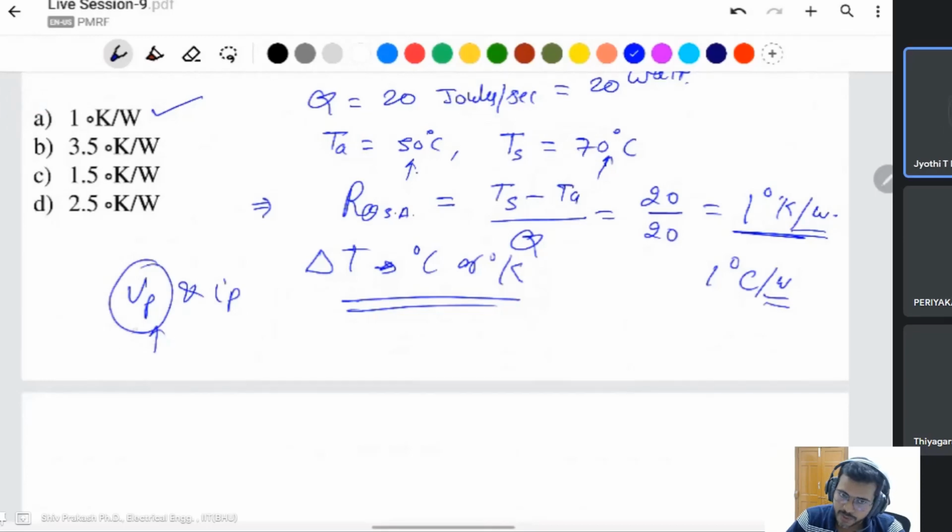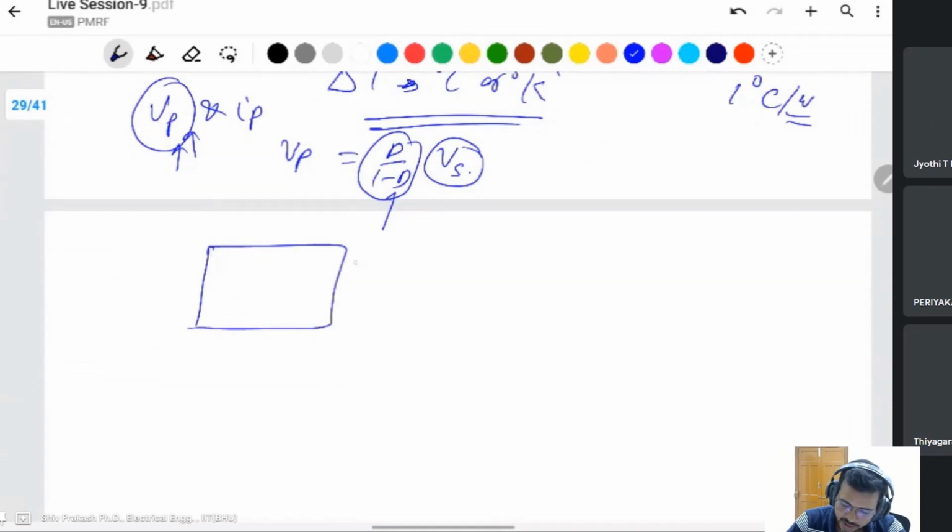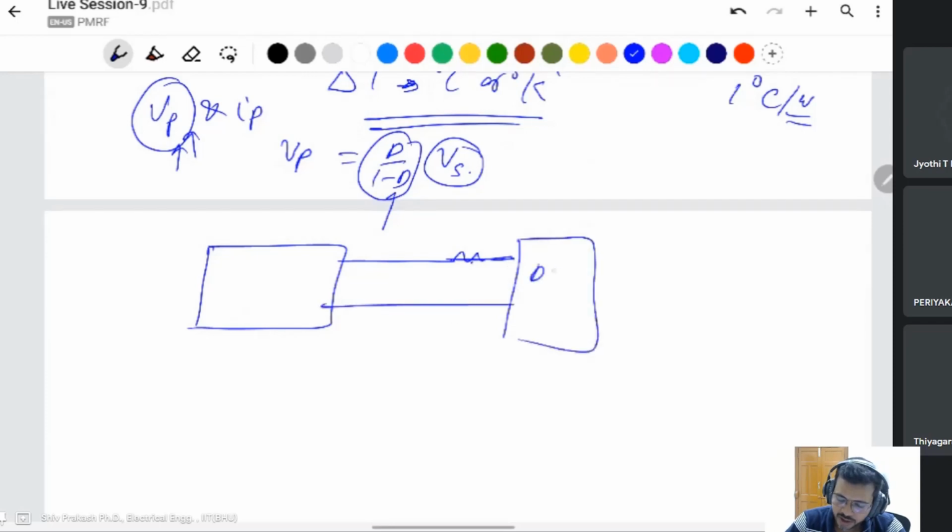If you calculate VP, then depending on the converter, a buck converter gives D times the supply voltage, and a buck-boost converter gives D into 1 minus D, like that. First calculate VP, because the Peltier device is connected like that, with the DC converter.